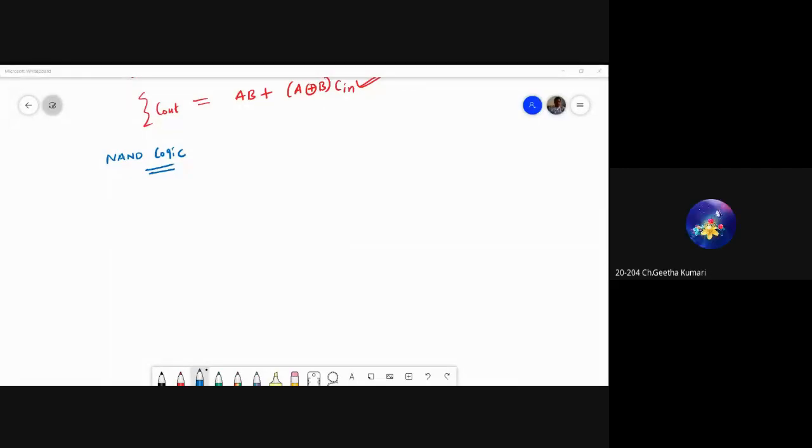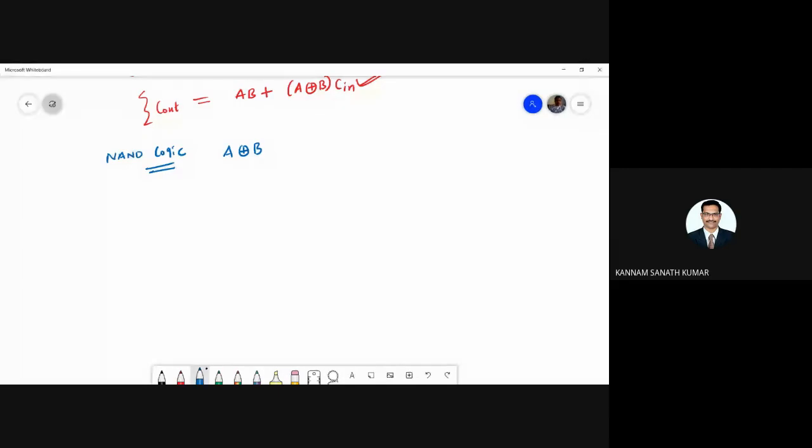No, sir. Okay. So you see, I'm realizing the output of the full adder, that is sum and carry, by using the NAND logic. Those are universal gates.